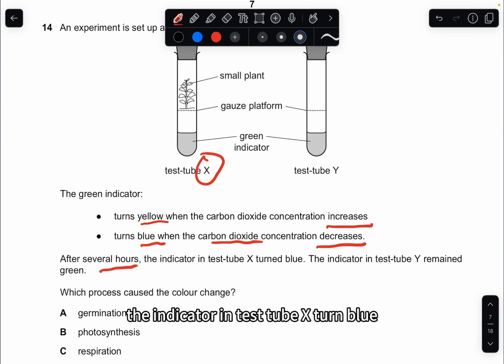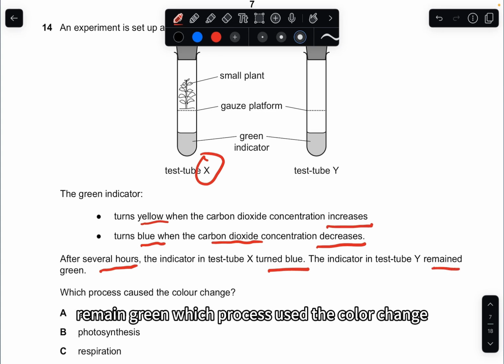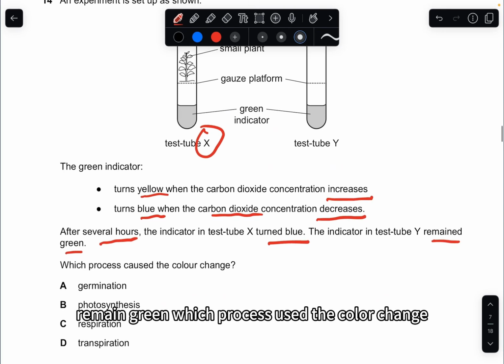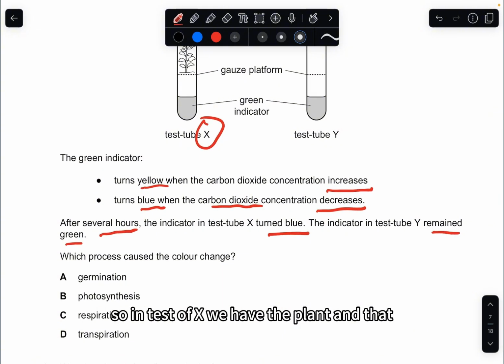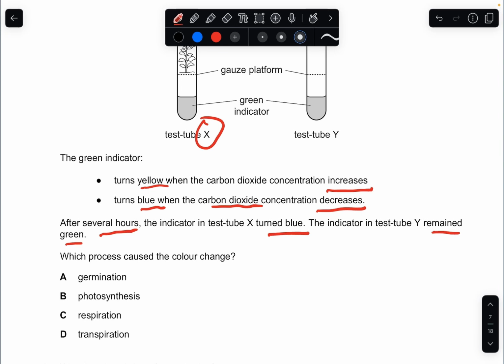After several hours, the indicator in test tube X turned blue, and indicator in Y remained green. Which process caused the color change? So in test tube X, we have the plant, and that uses photosynthesis to use the carbon dioxide. So our answer is B.